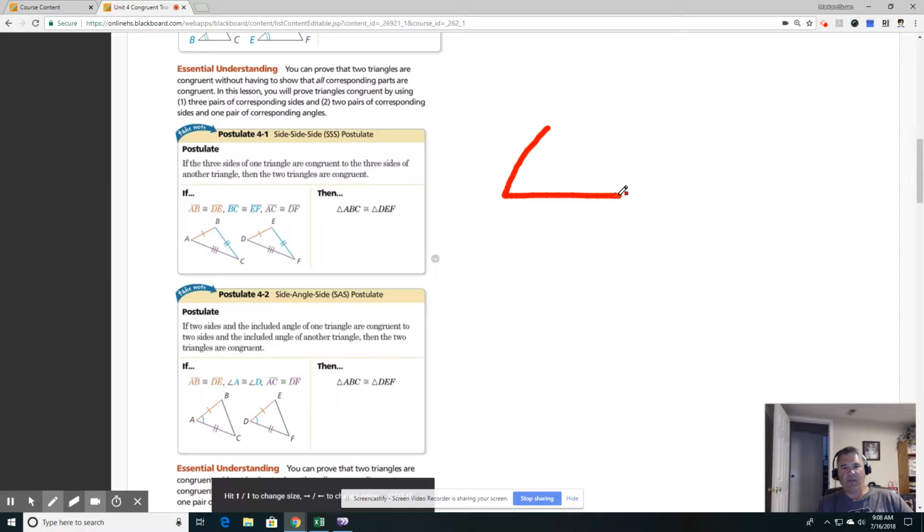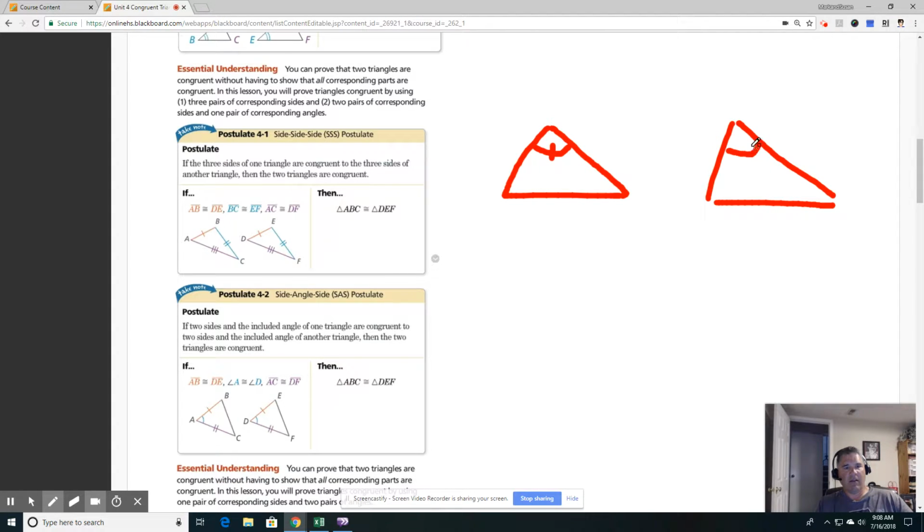So if I have two triangles, and here are my two triangles, and if what is given is these two angles are congruent, and these two sides are congruent, and these sides are congruent, what I'm looking at is to prove congruency, I have two sides and I have an angle. Is the angle between the two sides? Yes, the angle is in between the two sides. So this is side angle side.